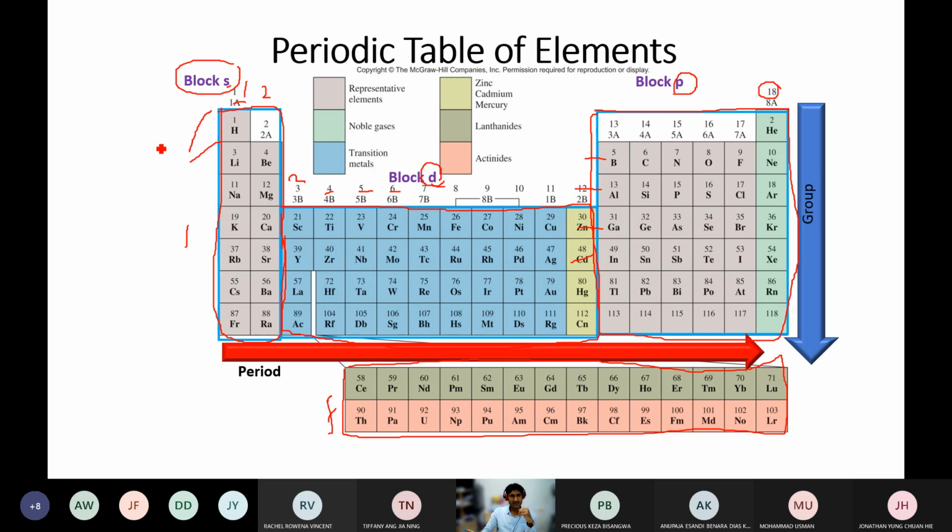And they are the groups, like 1, 2, I better write it. So this is 1, 2, 3, 4, 5, 6, 7, and they are grouped up in this way.